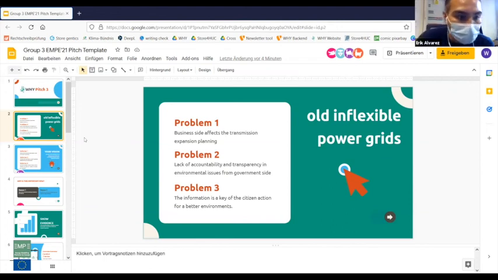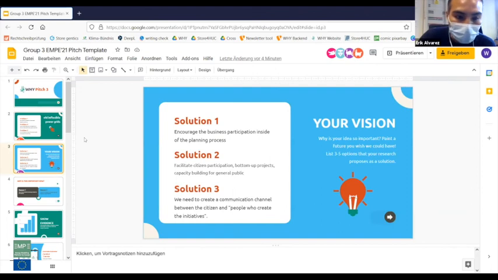Our vision to deal with this problem is to encourage business participation inside the planning process. Also, include this as a research line, for example, to include the business model inside the planning process. The second solution is to facilitate citizen participation inside the process, both on projects and capacity building, in order to generate this public process, no?